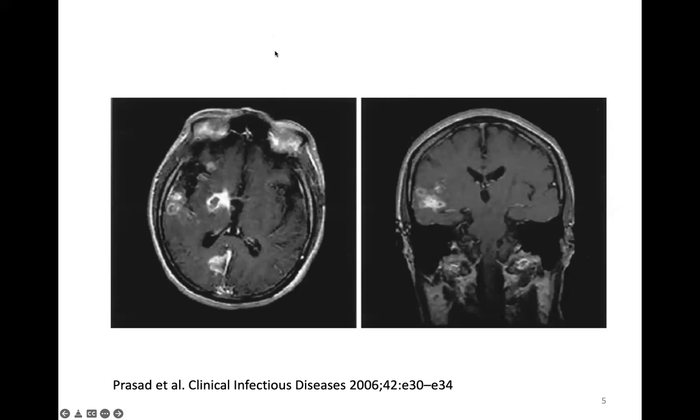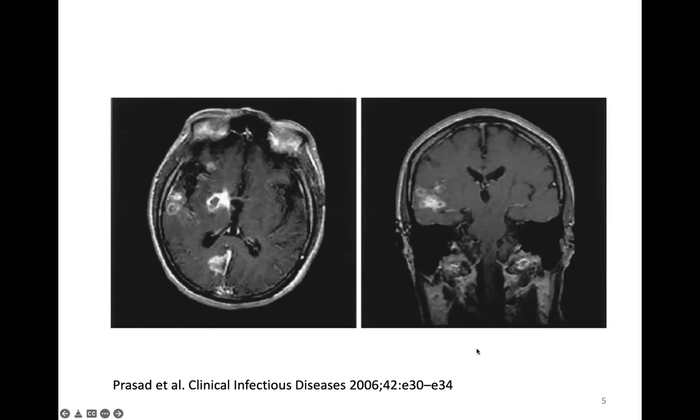You can even have both diseases, both TB and toxo, all in one. And even other infections, because the moment the patient becomes immunocompromised, you may find that you have other infections.